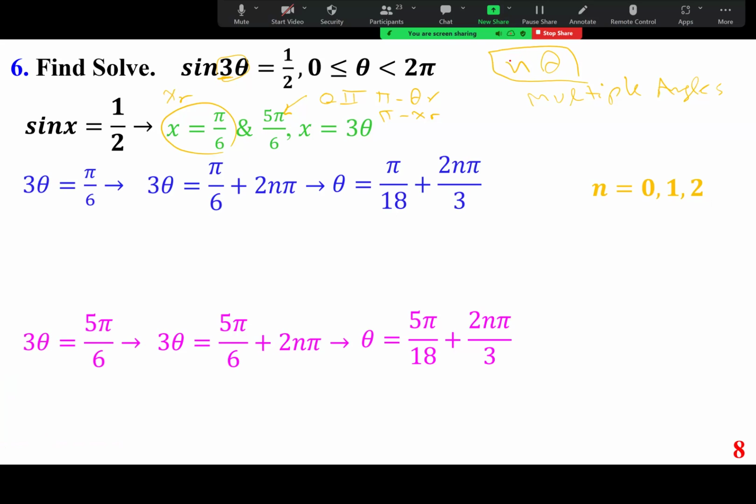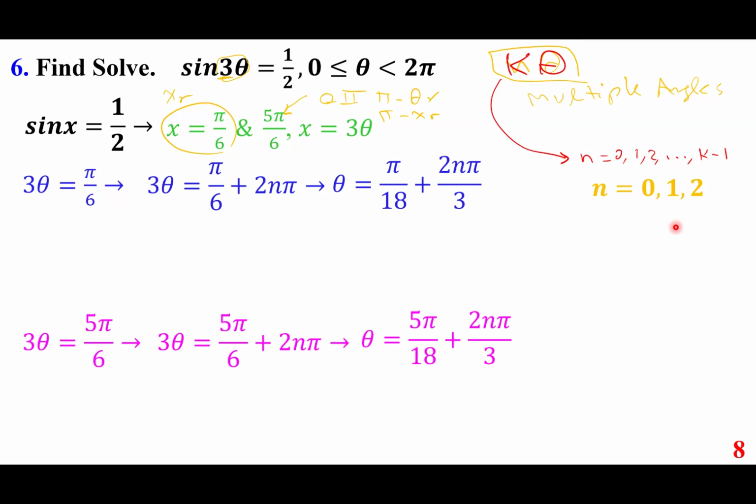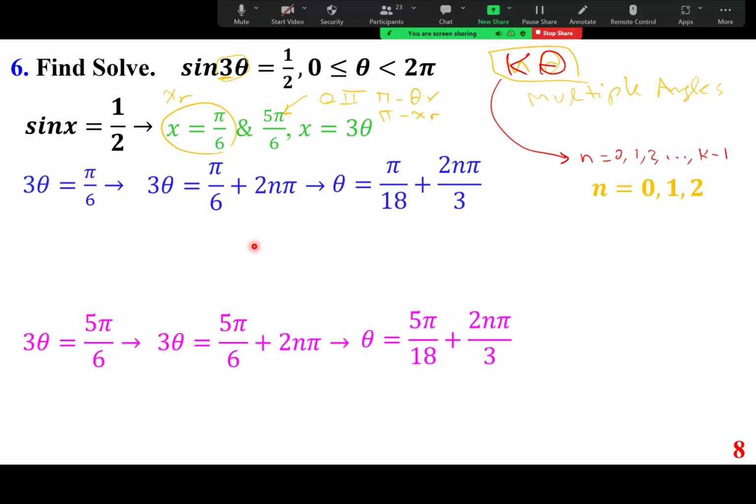If the multiple angle is k theta, then n equals 0, 1, 2, all the way to k minus 1. One might ask, what happens if we go further? I'll show you in a moment. There's no way to make a mistake. So let's plug in 0, 1, and 2 and see what happens.